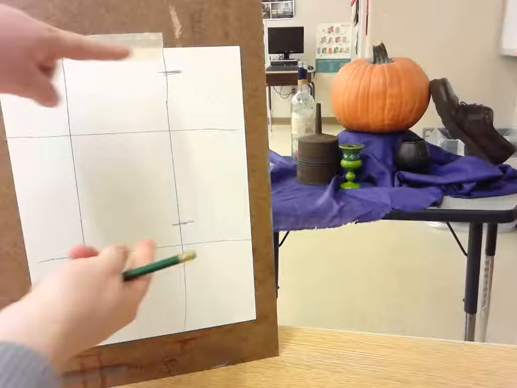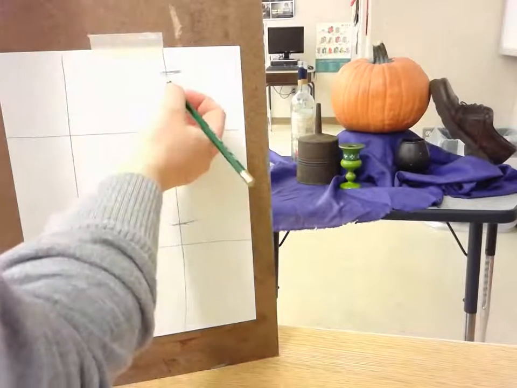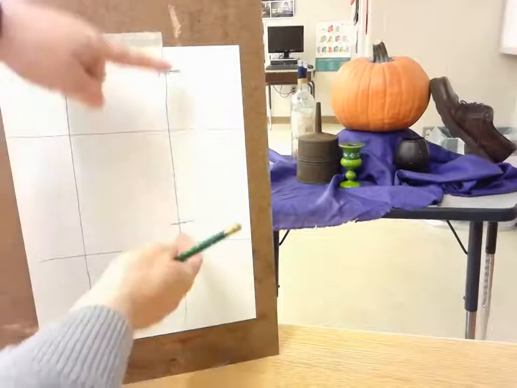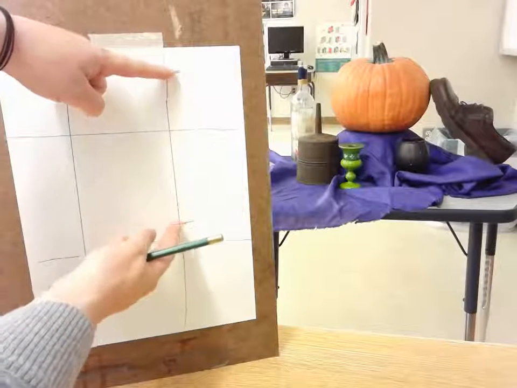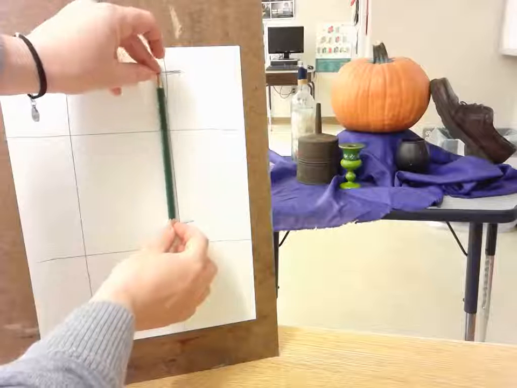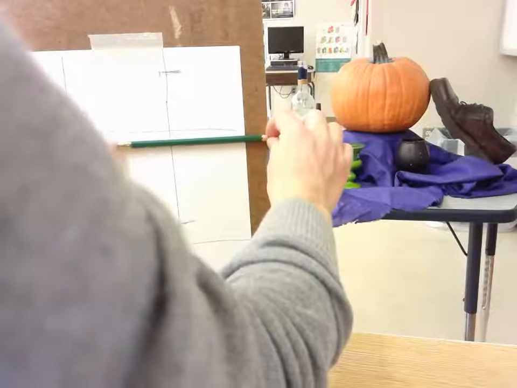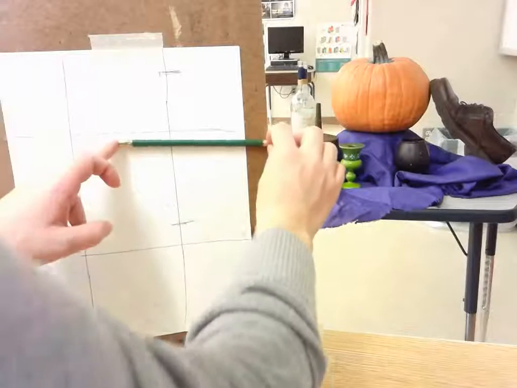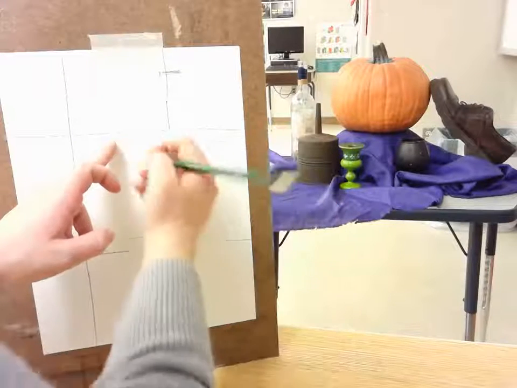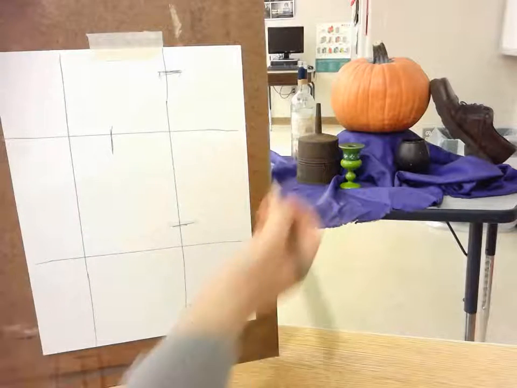So now if I go back onto this drawing paper and I figure this is how tall it is, and I know that I want my stem to be about here, and I go to measure it, I can actually just use my pencil once again as my measuring tool, and I go to rotate it, it's going to go off the page. Can everyone see that? So I'm going to have it go from here, and it ends about here.